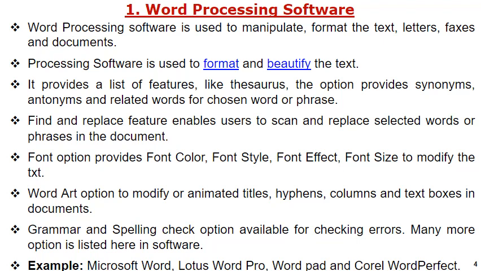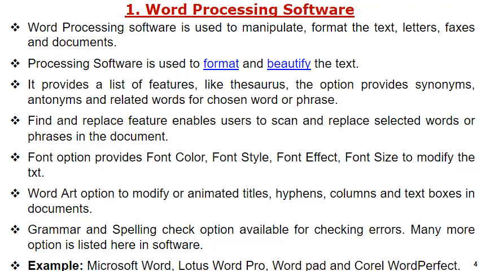Grammar and spelling check is one of the most important features. If you make some mistakes or errors in your typing, it can provide you some suggestions about what is wrong, so you can correct it.